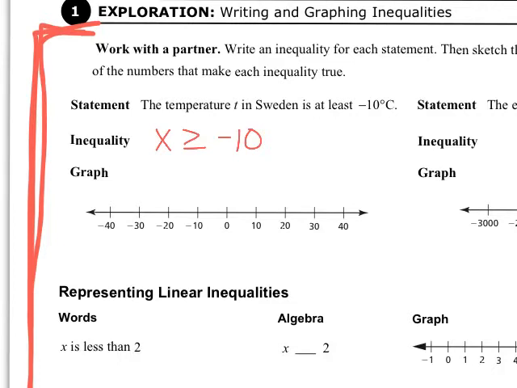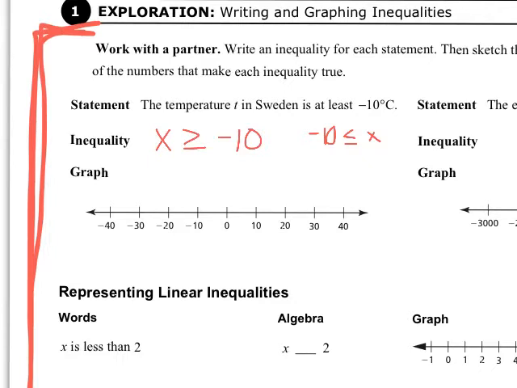Because if I flip-flopped this and put negative 10 here and x over here, I'm not going to use the same sign, right? I still want x to be bigger, so I'm going to have to flip my sign around, and the equal to part is going to be the same. So when you're looking at graphing them, you have to pay attention not only to the sign, but also where the stuff is.